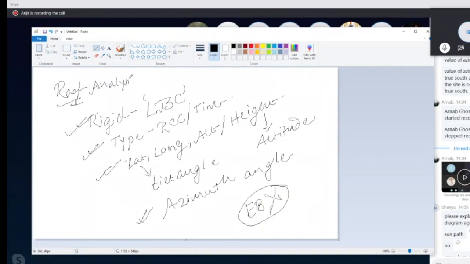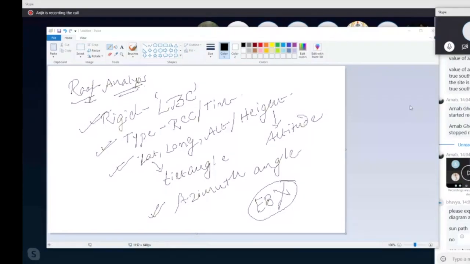So the first part, as we discussed, is the roof analysis part. The part that we need to do next is the off-grid load analysis. Why am I saying off-grid load analysis? Because we don't require what exact loads the customer is using, right? What we require is what load we need to give for off-grid.